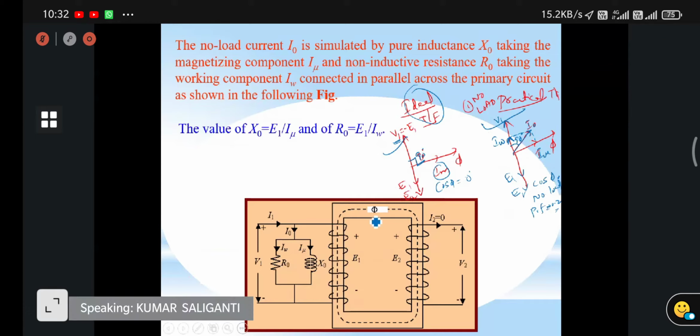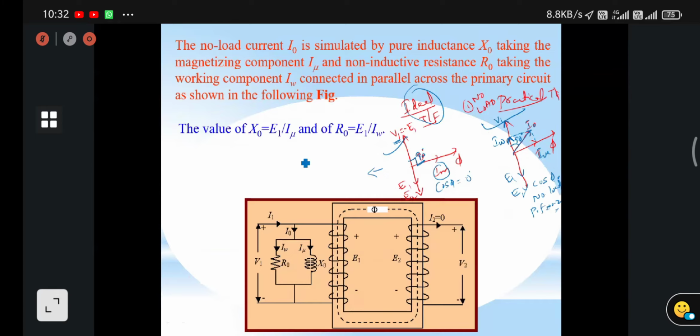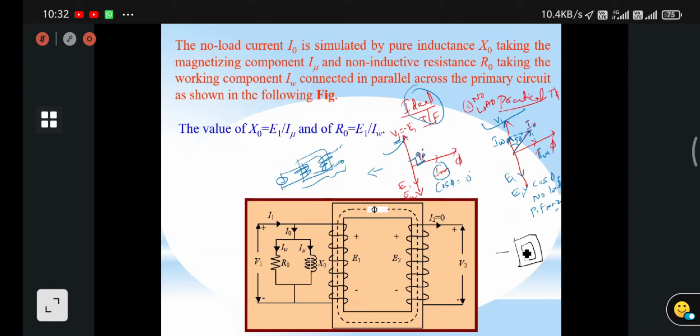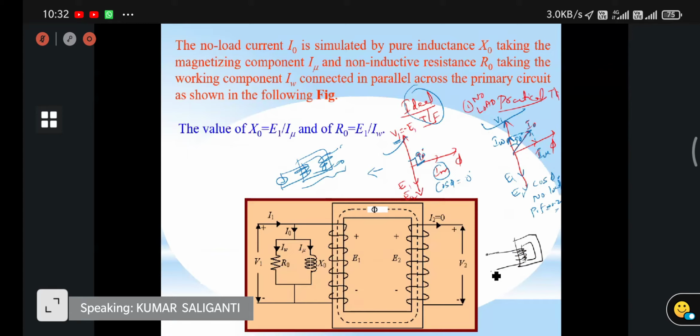So here we have the ideal transformer equivalent circuit. But coming to the practical transformer, this is the V1.